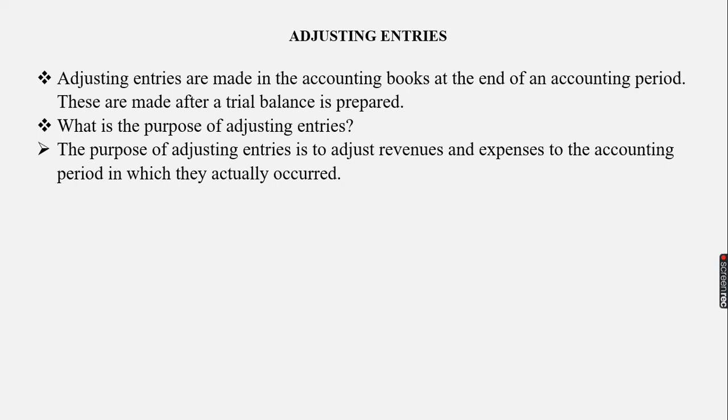So, the purpose of adjusting entries is to adjust revenues and expenses to the accounting period in which they actually occurred. Ayan, kung saan date nila i-declare yung expenses nila, kung saan date nila ilagay yung revenues nila. So, yun yung adjusting entries natin.